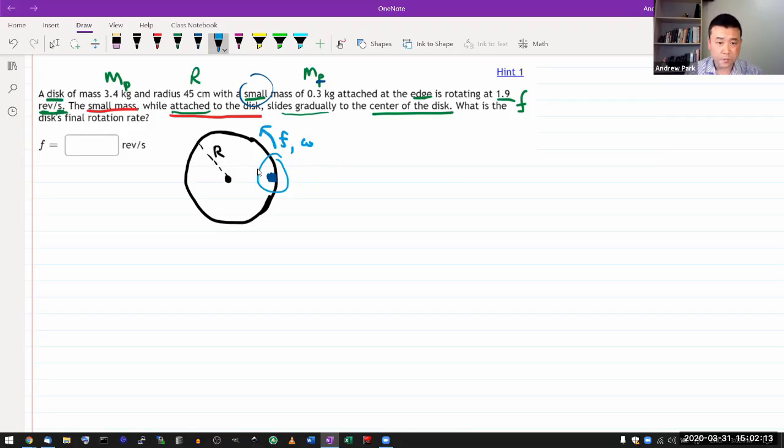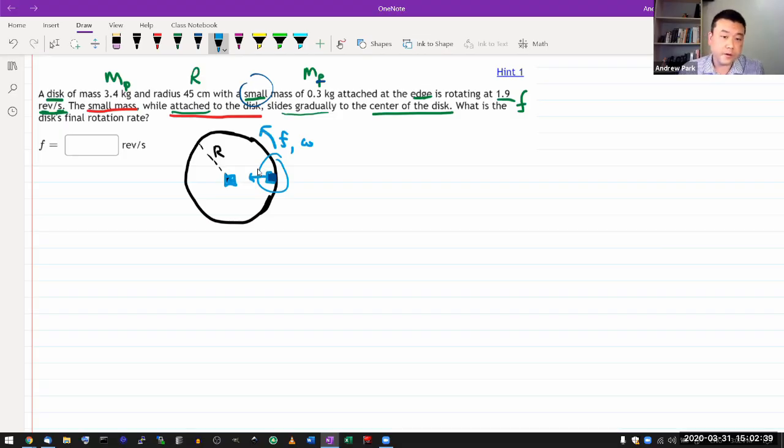And then it says, while this is rotating, this mass here is sliding inward until it reaches the center, where it's going to remain. As you read that description, you have quite a few tools in your problem solving toolbox.